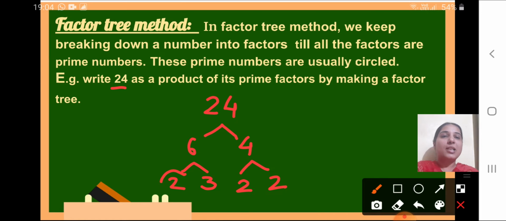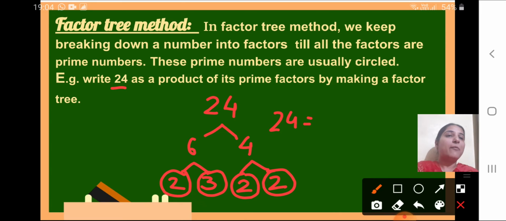So we will circle them, which shows that it cannot be factorized further. So 24 here can be written as the product of prime factors as 2 multiplied by 3 multiplied by 2 multiplied by 2. Got it children?